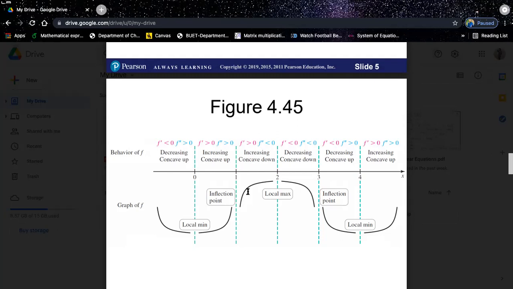So first of all, from negative infinity to 0, our information said that the first derivative is decreasing. Then from 0 to 1, it said the first derivative is increasing. So I expect at 0, we have a local minimum.